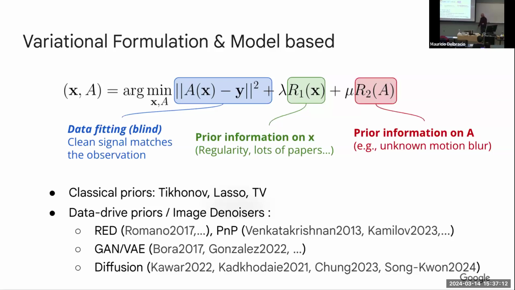Including papers from people that are actually here. Those papers, in many cases, don't use a variational formulation, but the idea is the same. We are going to use a model-based strategy where we know the degradation and try to leverage prior information. This is a very active area of research.